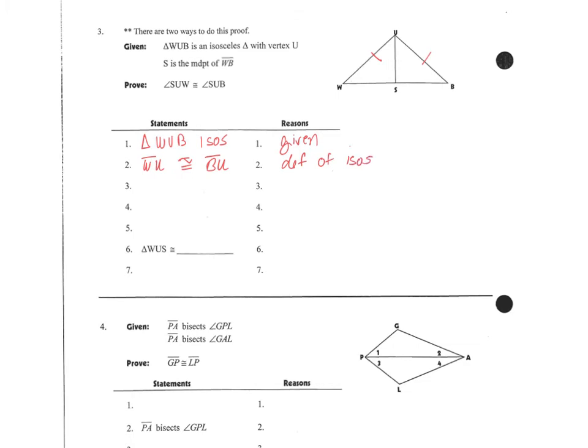We should then link that to, if we know that those sides are congruent, then we know that angle W is congruent to angle B, and that is our isosceles triangle theorem that tells us that if we have congruent sides, that implies congruent base angles.